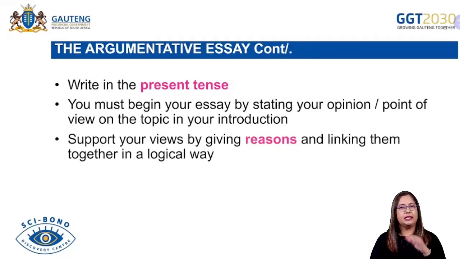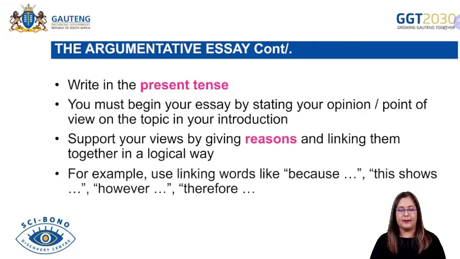Thereafter, in the 3 to 4 paragraphs that you are going to write about this particular topic, you are going to take each view that you've mentioned in each paragraph and give us the reasons as to why you have got that viewpoint. For example, you can also use linking words like because.